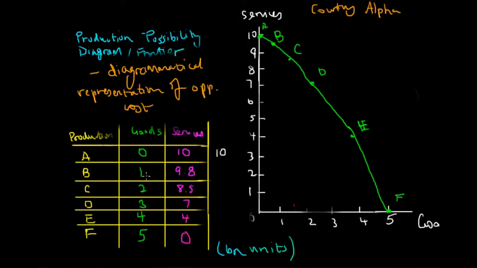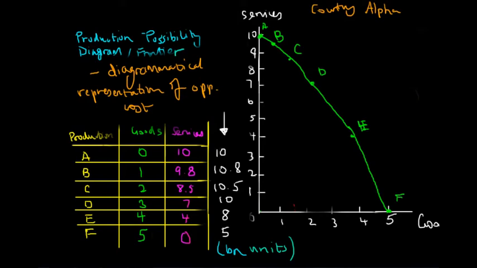Here at point B, you get 1 plus 9.8, and you get $10.8 billion worth of pleasure at point B. 10.5 for C, 3 plus 7, which is 10, 4 plus 4, which is 8, and 5 plus 0, which is 5. So now we can see all the different levels or amounts of pleasure or satisfaction the residents of country alpha obtains from each of the different production possibilities.